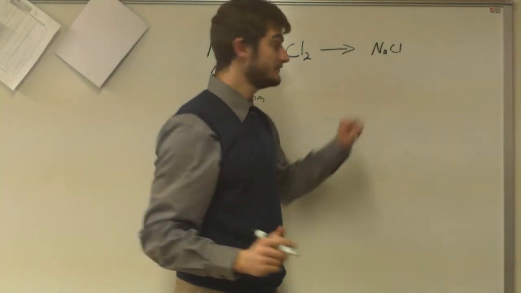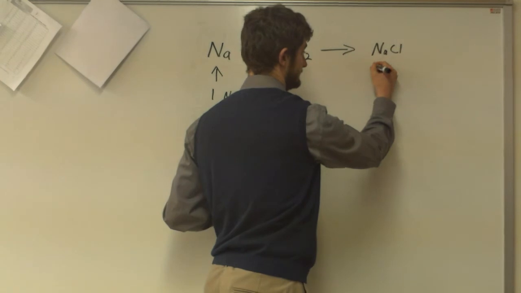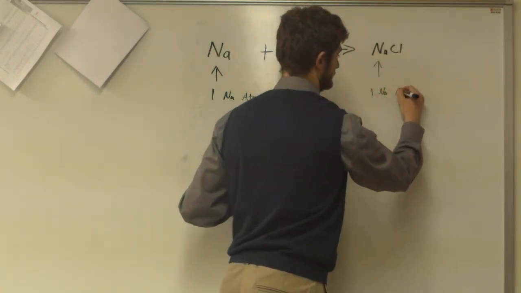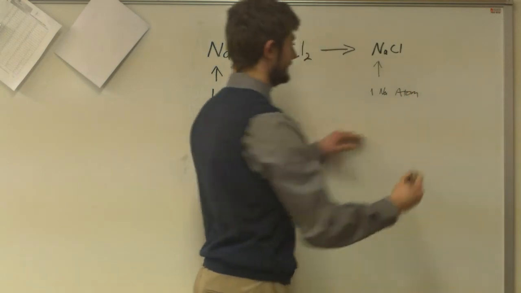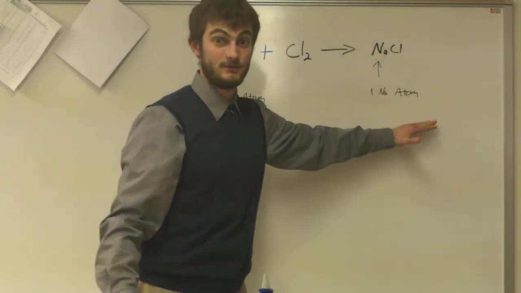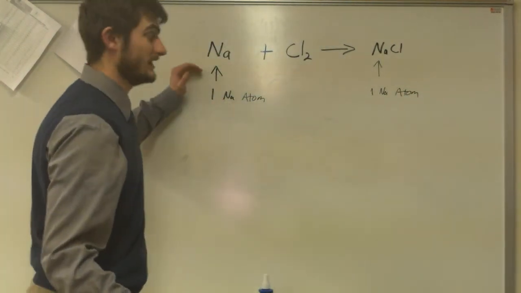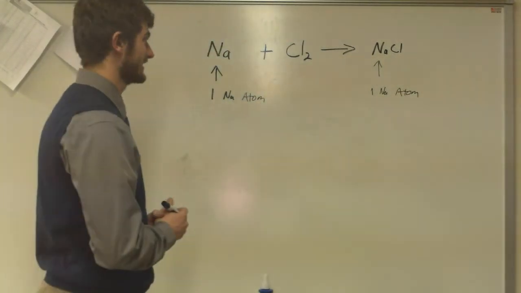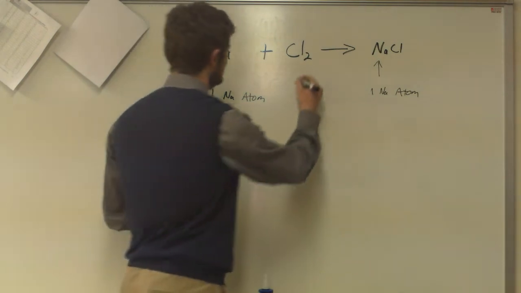On the product side, we have one sodium atom. This is good. This is balanced. That means we did not create any sodium and would not lose any sodium. Balanced.